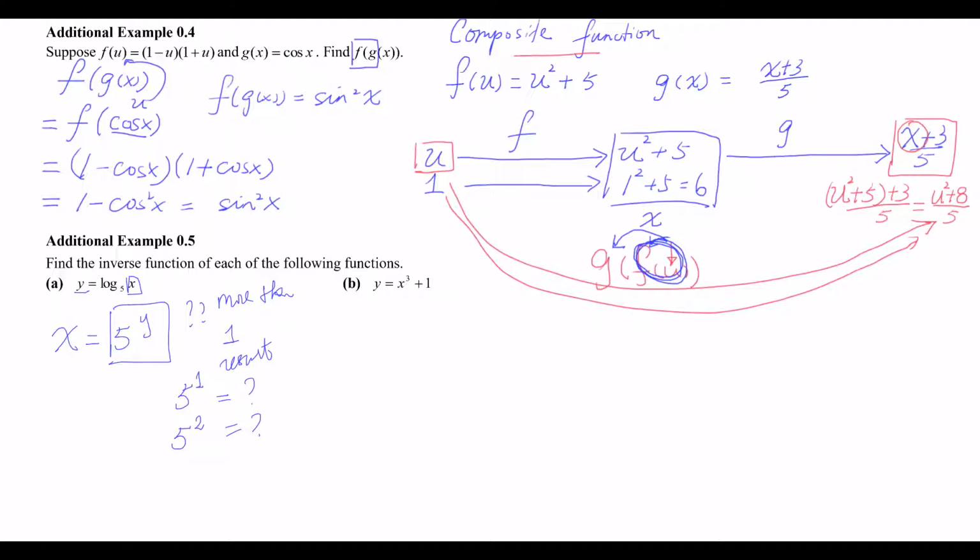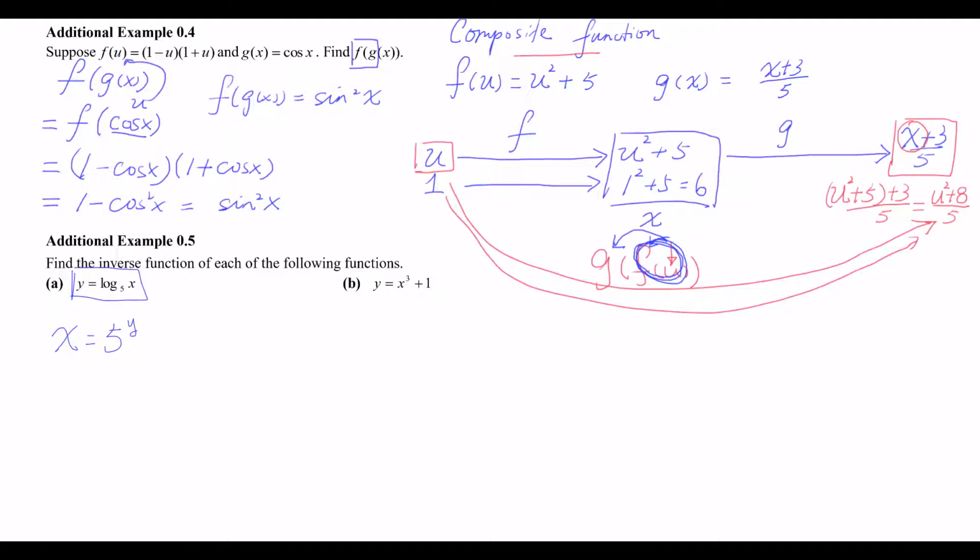You have learned this before, there will be only one result at the end. Therefore 5 to the power y is a function, so x can be found by this exponential function, 5 to the power y, and we call this the inverse function of this one.